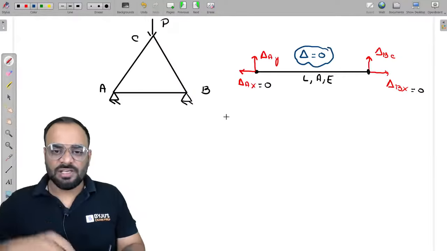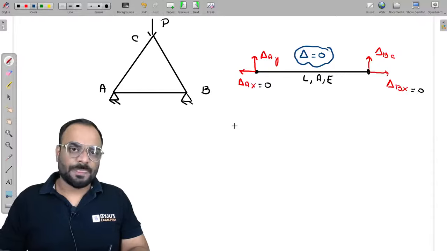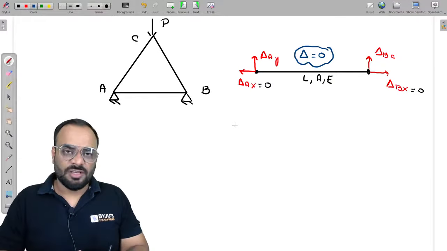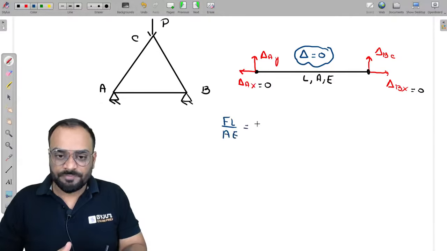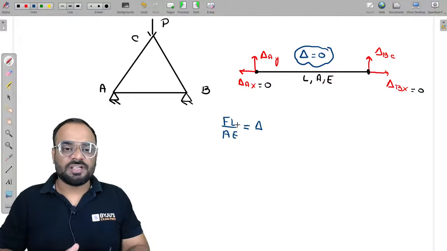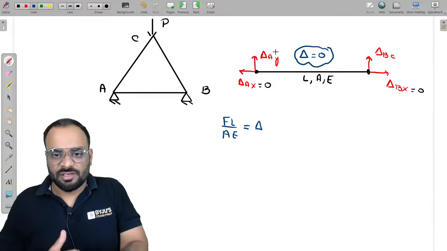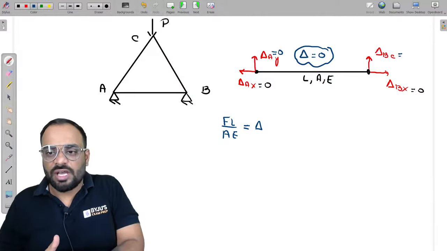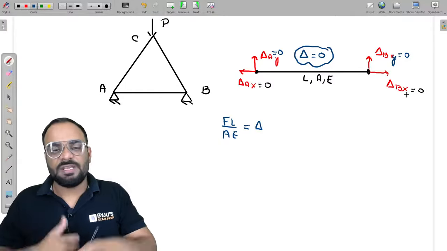How is it possible? Let me tell you, guys. Do you remember one simple concept? If I want to find out the axial deformation by applying some axial force, what will be that formula? FL upon AE is equal to delta, correct? Now in this particular case, let us suppose this particular joint and this joint are not moving anywhere, so delta AY is also 0 and delta BY is also 0 and delta AX and delta BX are also 0.